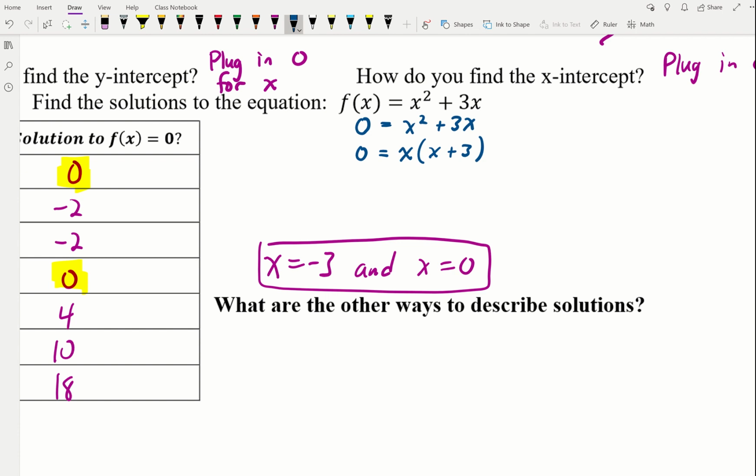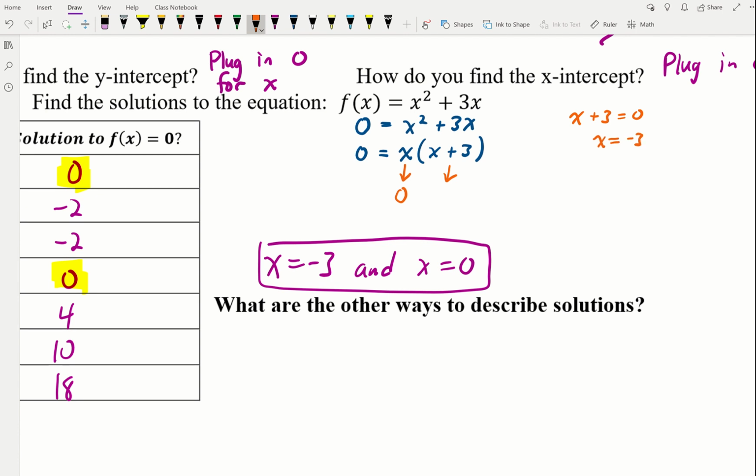Once you have factors, if you are looking for the solutions, in order to multiply and get 0, one of the two factors has to equal 0. So the only thing that's going to make x 0 is 0. And for x plus 3, we would really be setting up the equation x plus 3 equals 0, and then subtracting 3 from both sides to get -3.